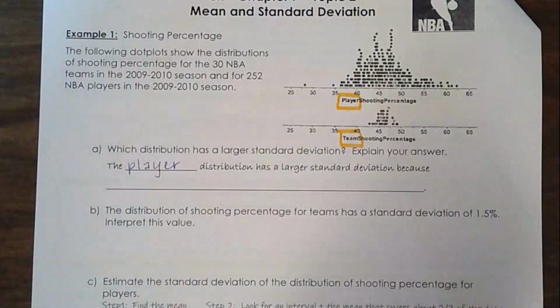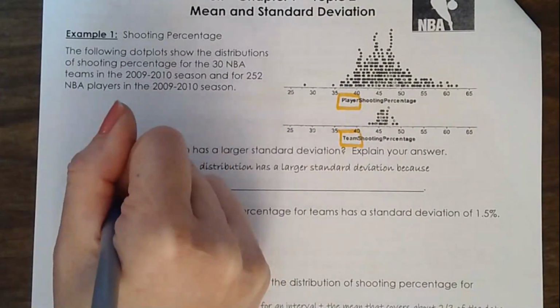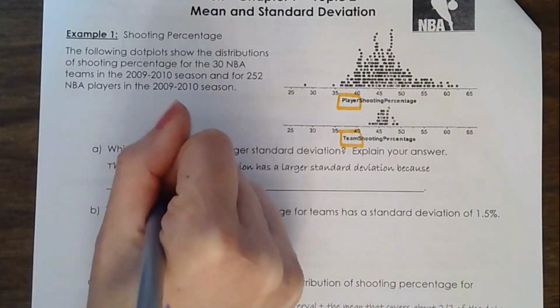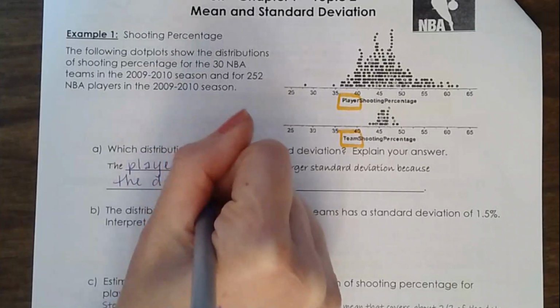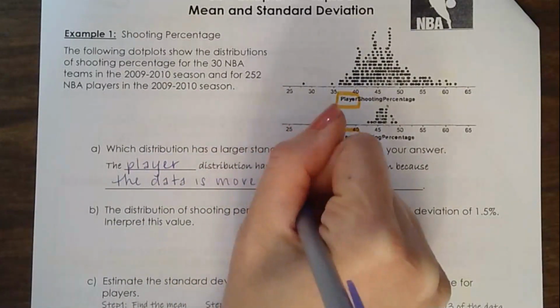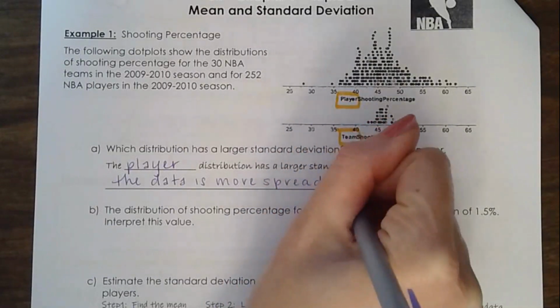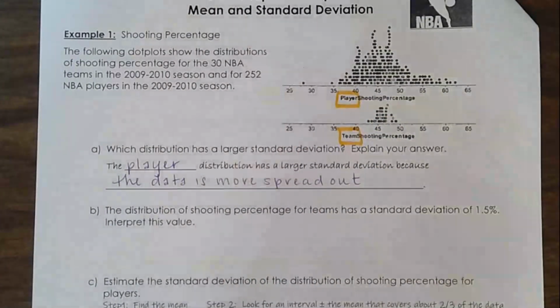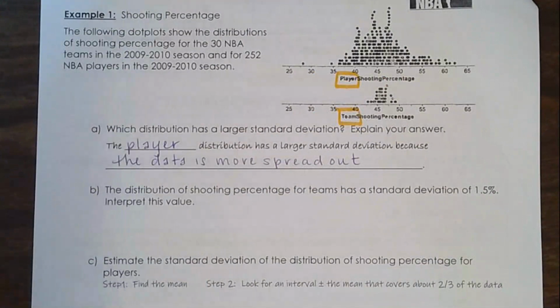The data is more spread out. Earlier today, my student said the data is further from the mean. Perfect. Remember, the definition of standard deviation is the typical distance from the mean.